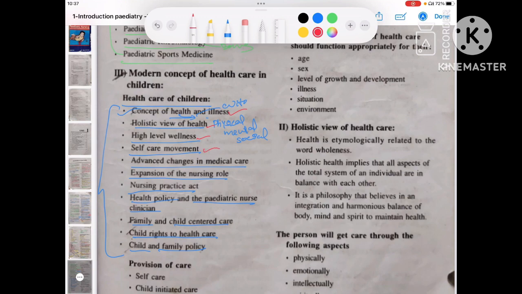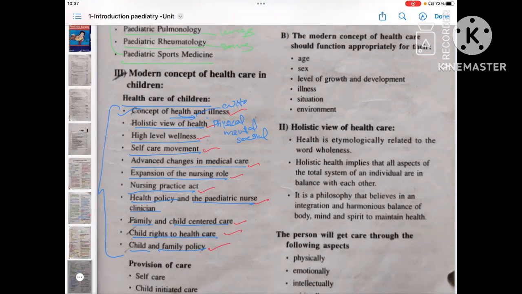Advanced changes in medical care, expansion of nursing role, the nursing practice act we have to maintain, and health policy and pediatric nurse clinician, family and child centered care. The care we give is not only for the children; we should educate the family members, and the rights of the child and family and the child policy.